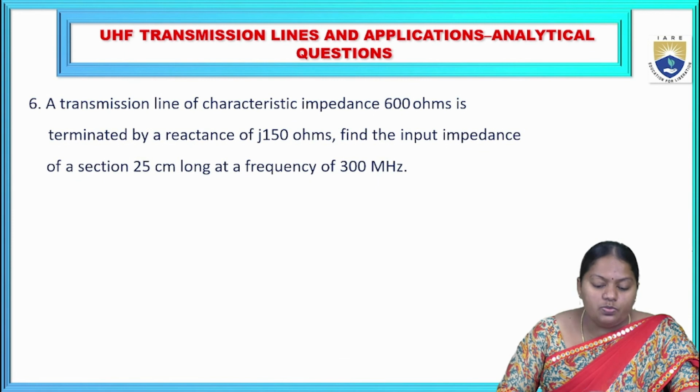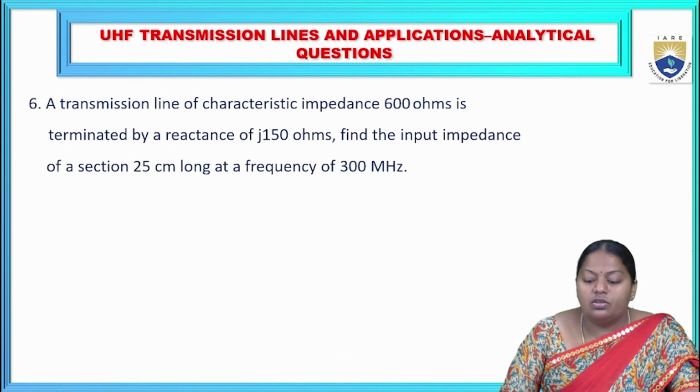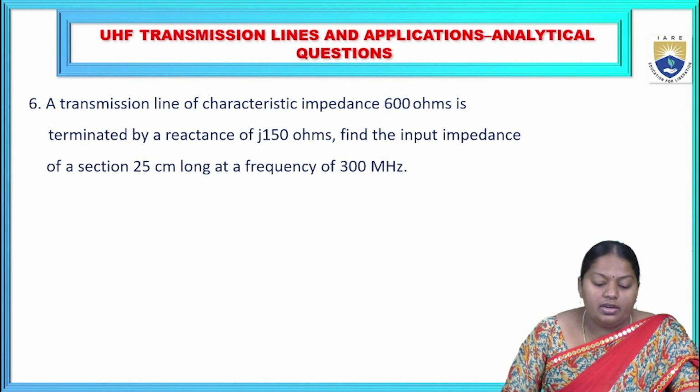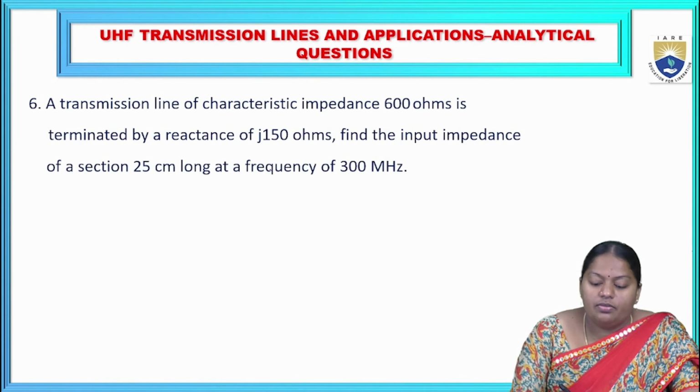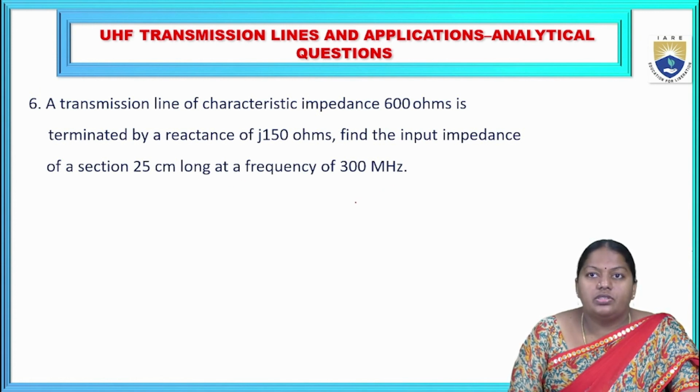Next, a transmission line of characteristic impedance of 600 ohms is terminated by a reactance of J 180 ohms. Find the input impedance of a section 25 centimeters long at a frequency of 300 megahertz.